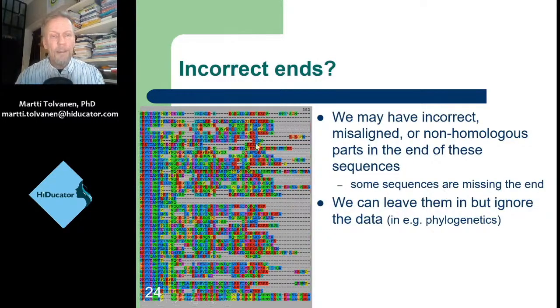Then looking at the C-terminus of these proteins, this is pretty messy. We don't really know if some of these sequences are incorrect. Maybe they are non-homologous, so that they are coming from exons of different origins, or maybe some of them are just mispredicted, and it seems that some of these ends might be missing.